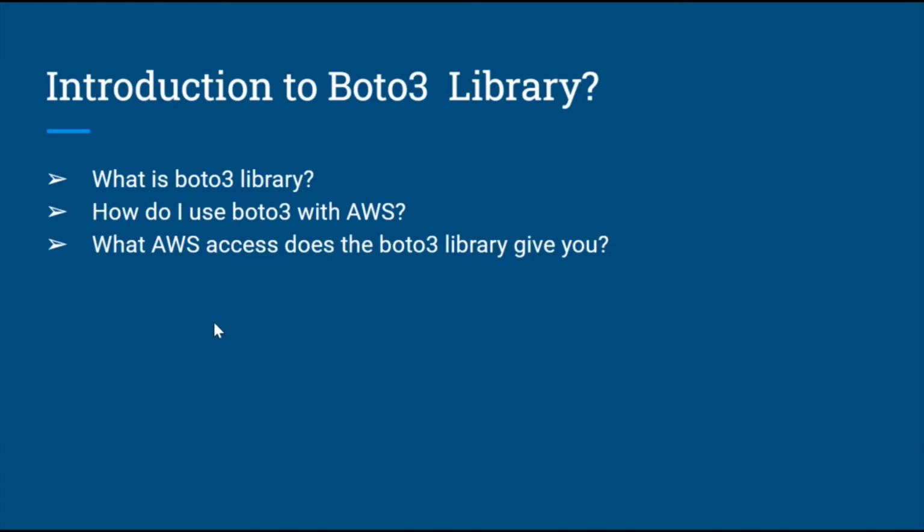The Boto3 SDK provides not only an object-oriented API but also low-level access to AWS services. The Boto3 library heavily relies on Botocore libraries that handle the low-level operations required to send secure HTTP API requests to AWS services whenever we are communicating with any other AWS service.